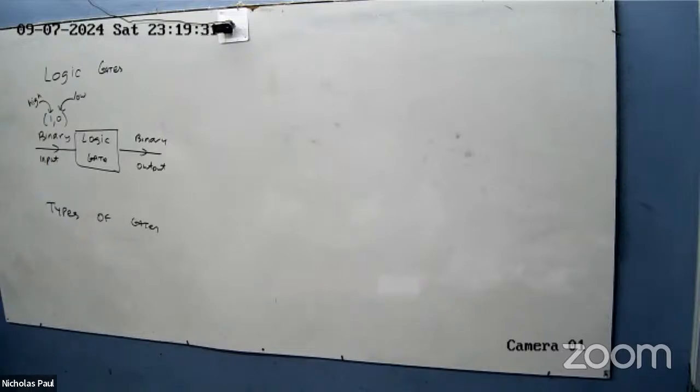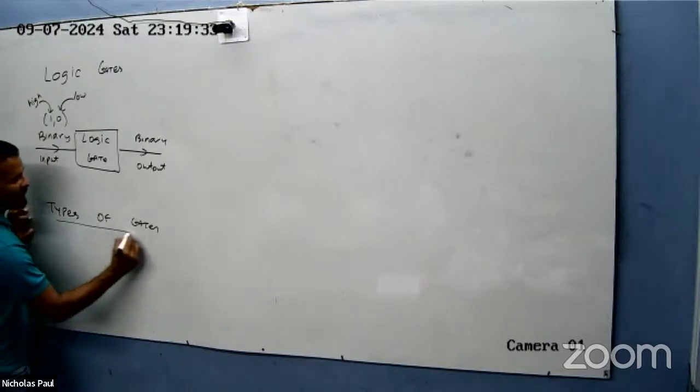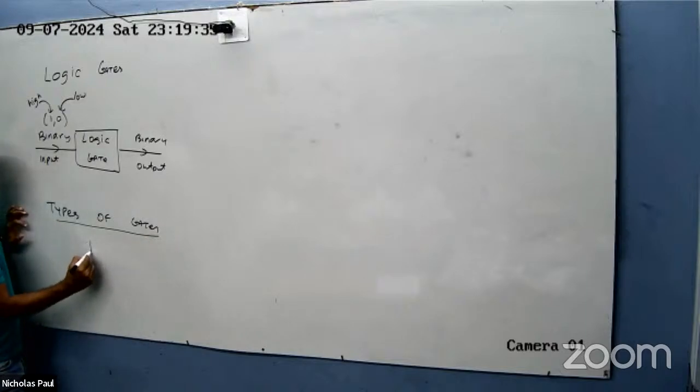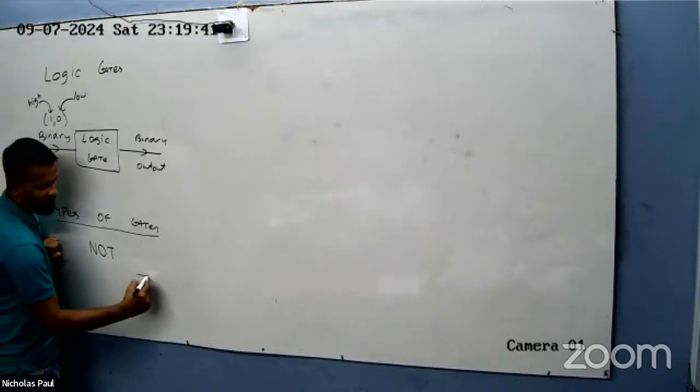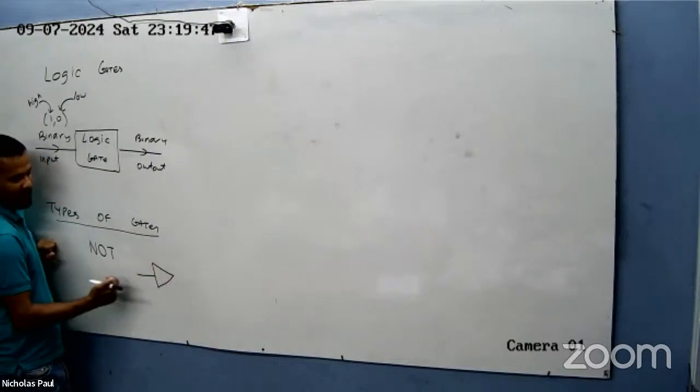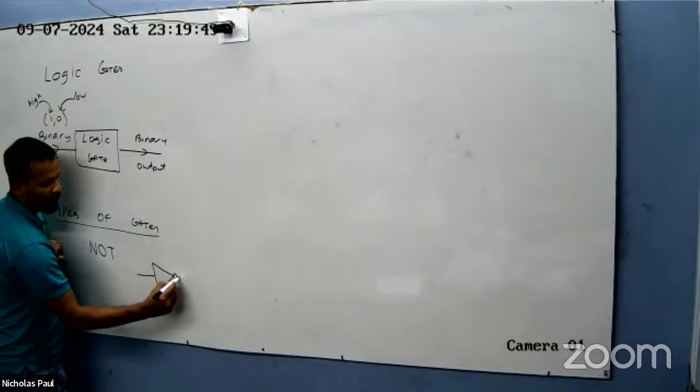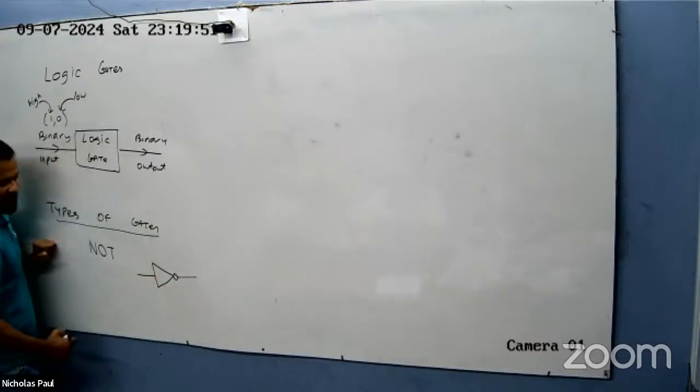Right. There are some gates that we need to learn. So the first gate that we need to learn is called a NOT gate. NOT gate has a single input going into the shape that represents the type of gate, right? Single input giving you a single output.